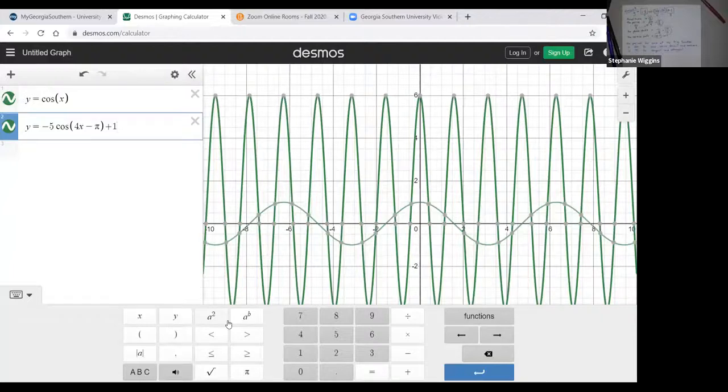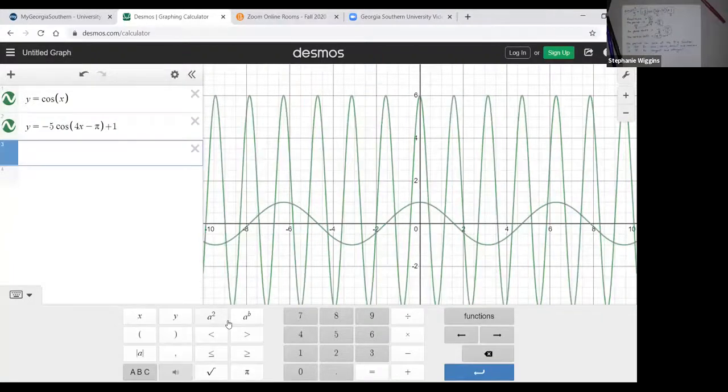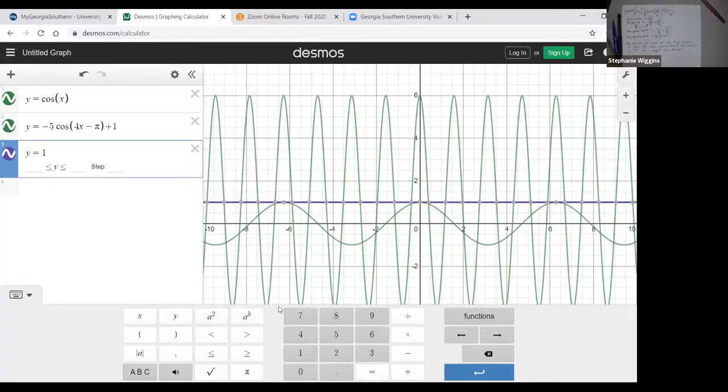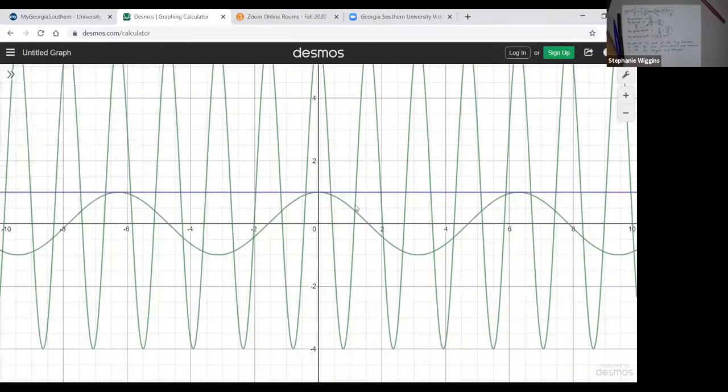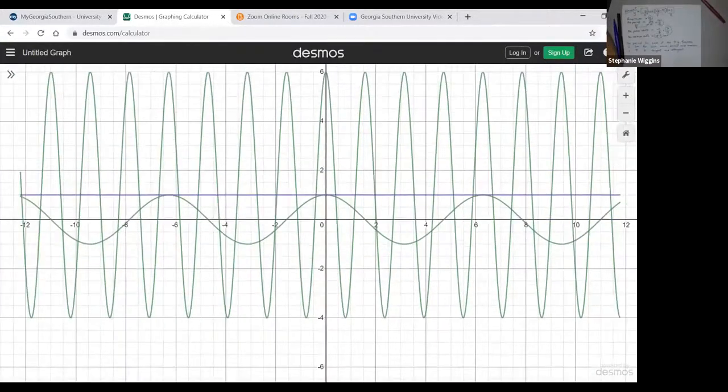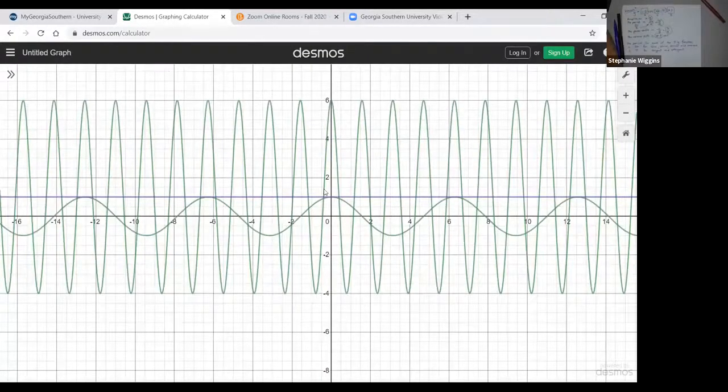So if I graph y equals 1, that purple line is kind of the midpoint between the top and bottom of your function. So from the bottom to the top, this is the midpoint.